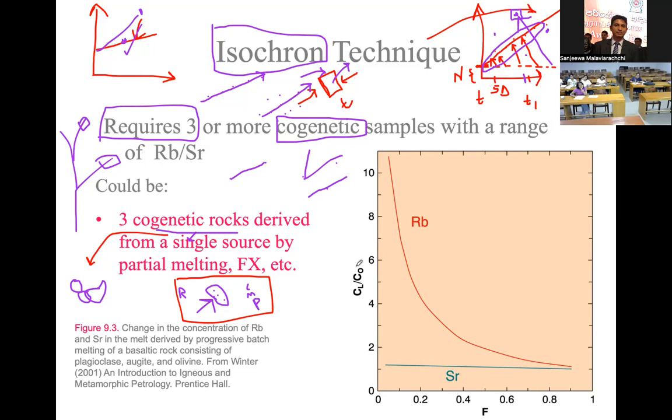Here, what I want to show you is another thing, that is Cl over Co. What is Cl over Co here? This is actually the element, right? You can take any element and find out its composition when you make that rock, right?